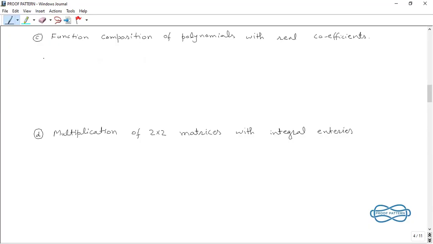The next question is, we have to check the function composition of polynomials with real coefficients.